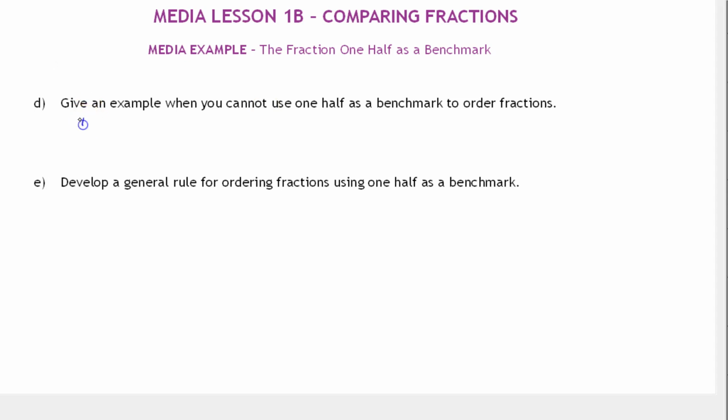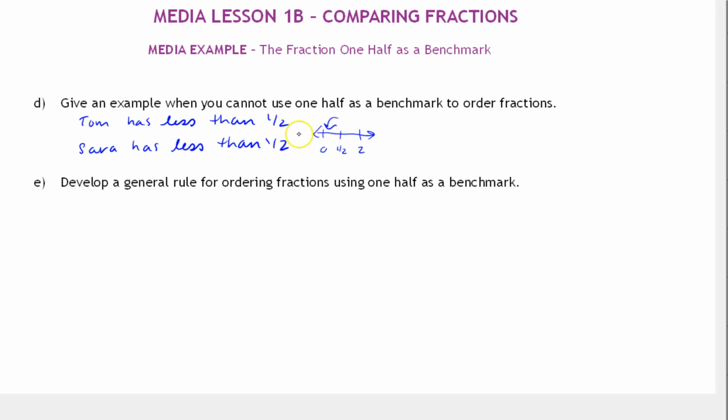So say Tom has less than 1/2 and Sarah has less than 1/2. If we know this information, this is useful information, but we can't compare how much Tom has to how much Sarah has, because all we know is that both Tom and Sarah's amount of cookies lie in here. So we don't know which one is to the right and which one is to the left.